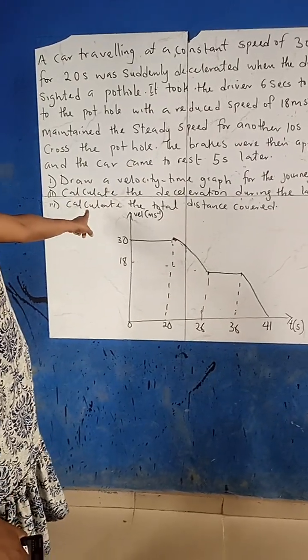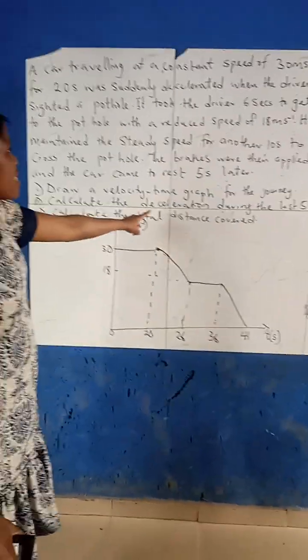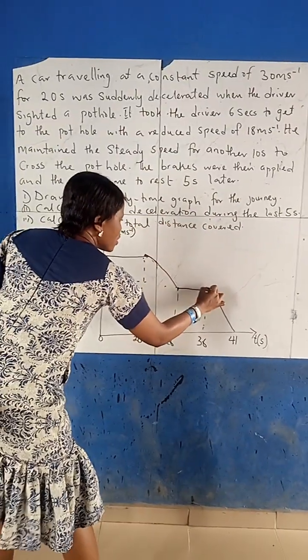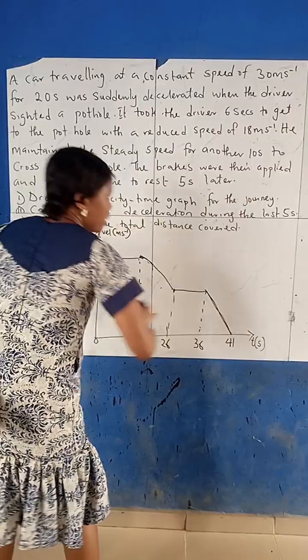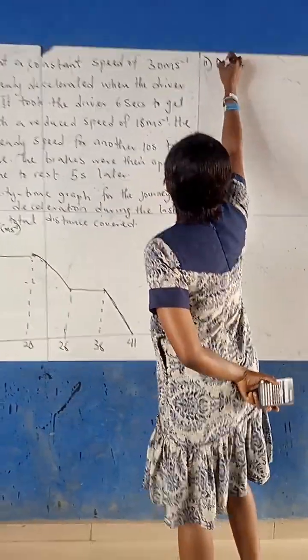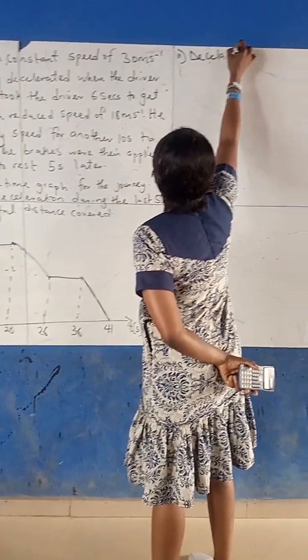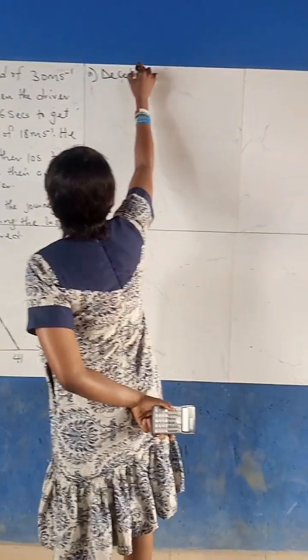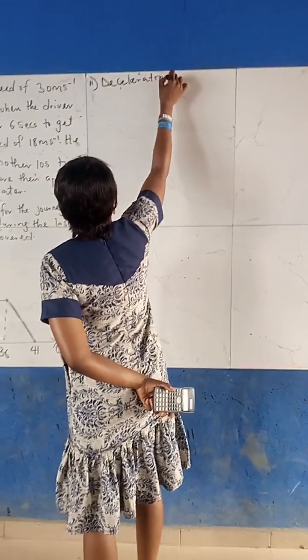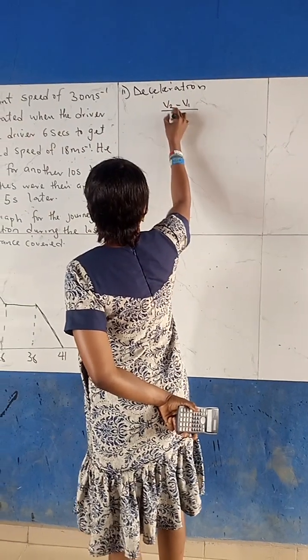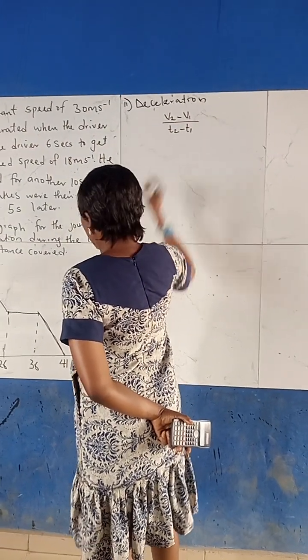Now, the next question, we are asked to calculate the deceleration during the last 5 seconds. So question 2 now, deceleration. That will give me V2 minus V1 over T2 minus T1.